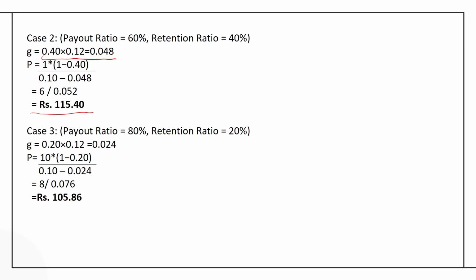Case 3 is even worse, where the payout ratio has been increased to 80% and the company is retaining only 20% of profit.